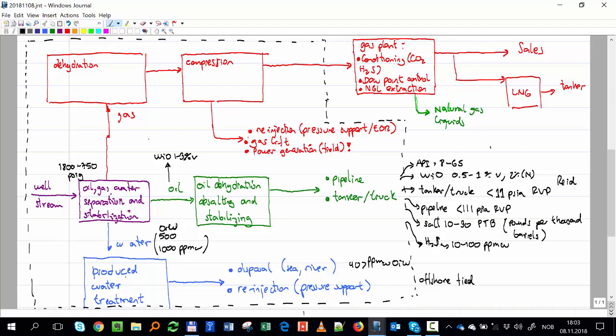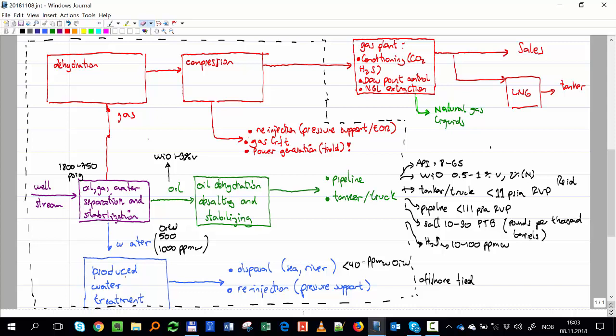So we can put it like this, just to be consistent. It's the same, but it depends on whether you read from right to left or left to right. Part of the world reads one way, part reads the other, so it's confusing. But it has to be 40 ppm. If you want to discharge from a platform, or you want to discharge to a river, usually you have to be below 40 ppm.